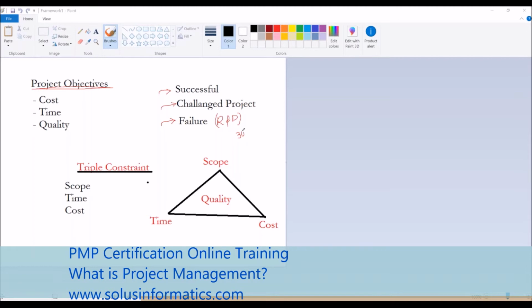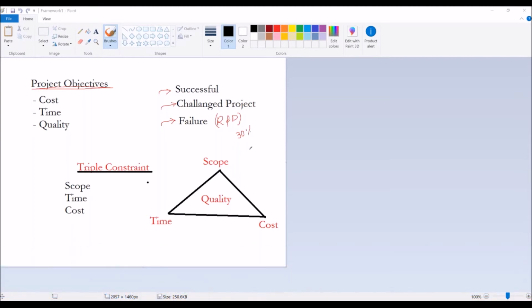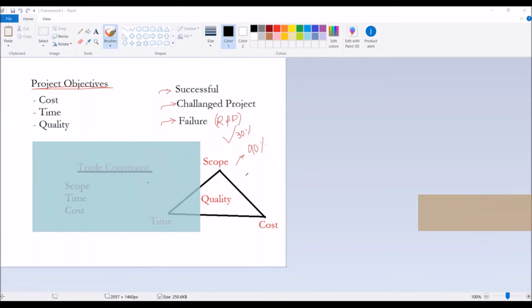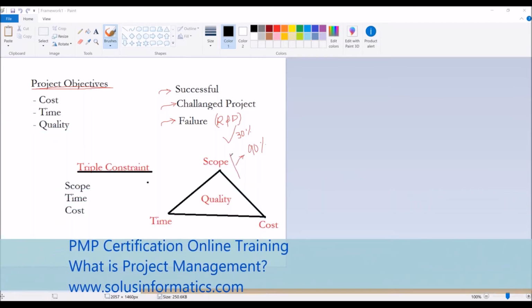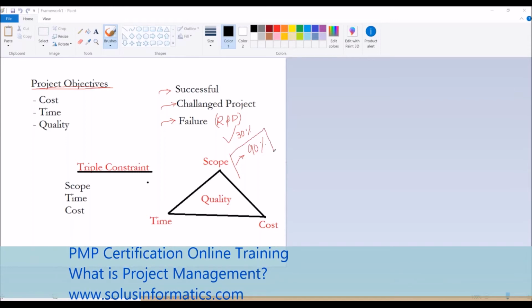You see failures more on the research and development side. That's the reason why a research project, even if it meets only 30% of the project objectives, is considered better than a regular project where you meet more than 90% of the objectives. Because when you talk about a research project, you are working in an unknown space.